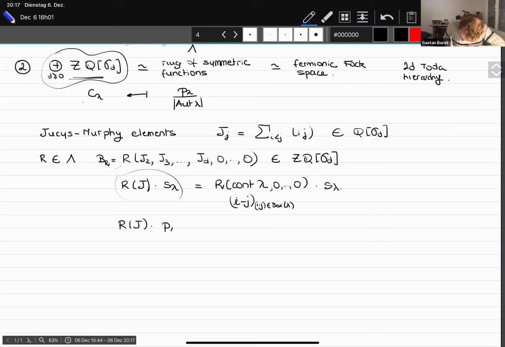And probably don't count on me for all the factors to be right in this talk. It's probably some symmetry factors which are off. But here you would see that you get the sum of exactly these double Hurwitz numbers with intermediate ramification profile B_R. And then it's going to be a p_mu divided by the automorphisms of mu.